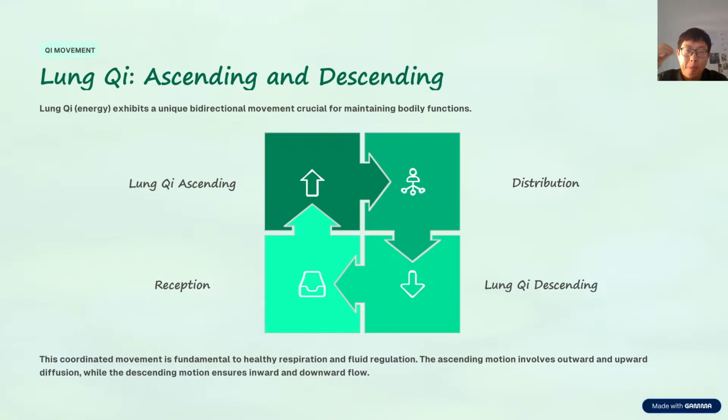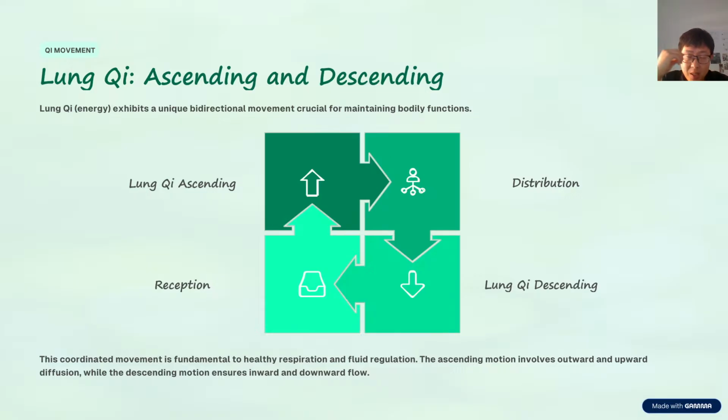Dispersion refers to the upward and outward movement. Descent refers to the downward and inward movement. When dispersion and descent are coordinated, breathing and fluid metabolism remain normal. So it's hard to understand.